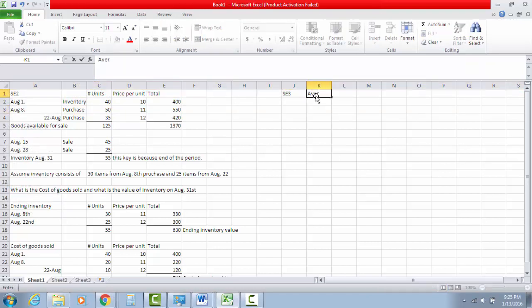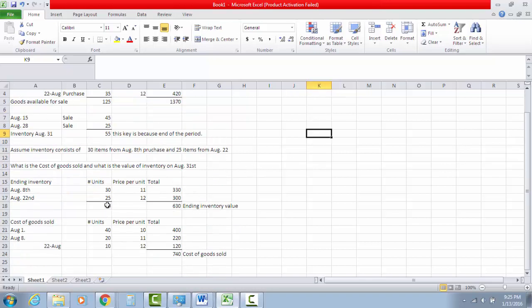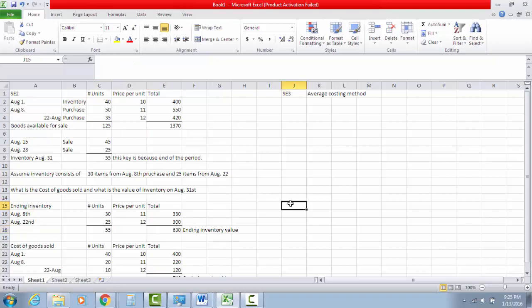So this is the average costing method. So taking a look at the average costing method, we know we have 55 units remaining at $630.